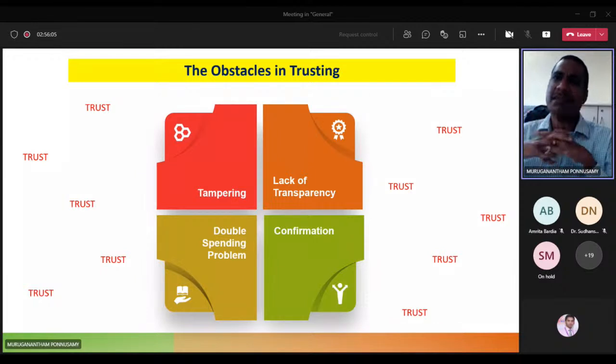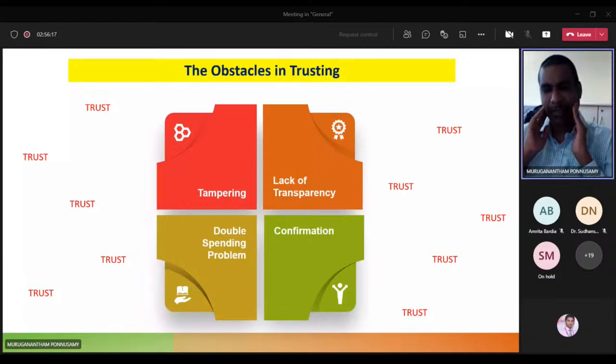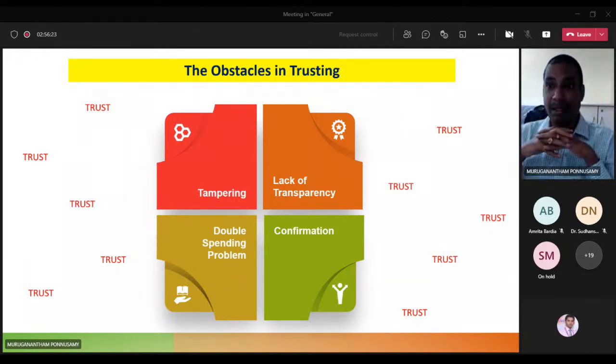Then transparency. Everything is on an open platform. Again, it has its own limitations. If you make it public, it is available to the public. If you make it private, it is available only to the specified members. So the users know a clear picture of the history of the chain, which gives a lot of confidence and helps to create trust.